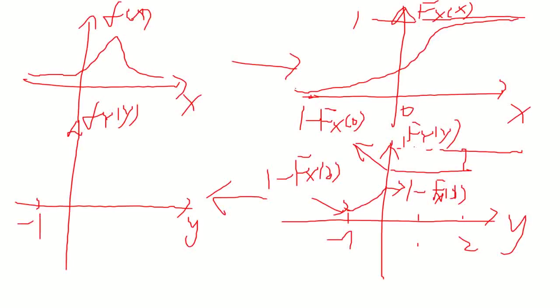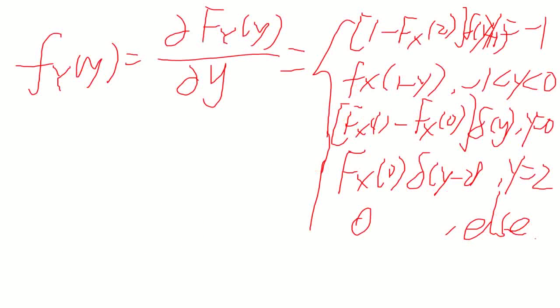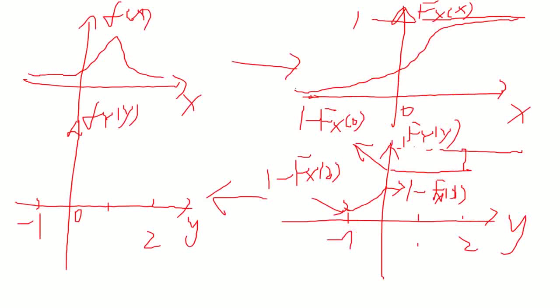Minus 1, 0, 1, 2. When y equals minus 1, it equals 1 minus capital F of x at 2 times delta y plus 1. So it's like this, and this area equals 1 minus capital F of 2.